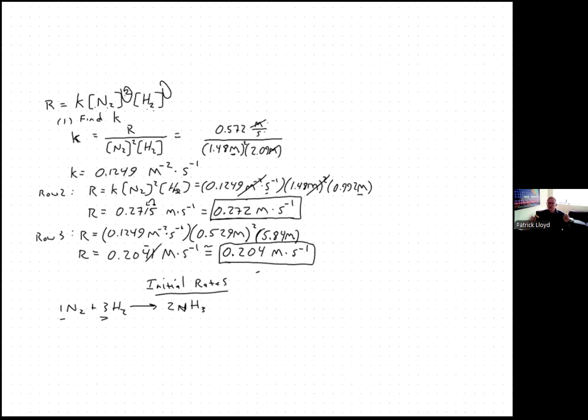But for kinetic analysis, for a general chemical reaction, the exponents are not necessarily matched up with the coefficients in the reaction. Sometimes they are the same, often they are, but they don't necessarily match up. So we would not conclude that the orders are going to be 1 and 3 for this particular reaction. It turns out they're 2 and 1. Okay.